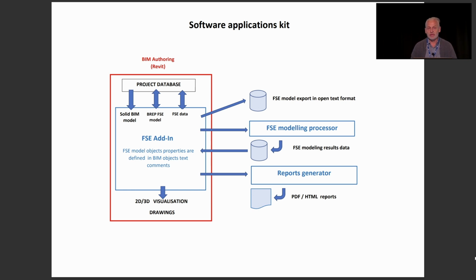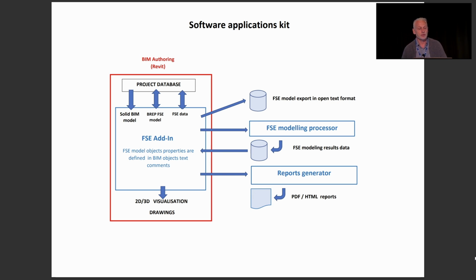The software application kit has two main parts. First is the add-in for BIM authoring software. We start with Autodesk Revit software, but the same ideas can be put in any other authoring software.